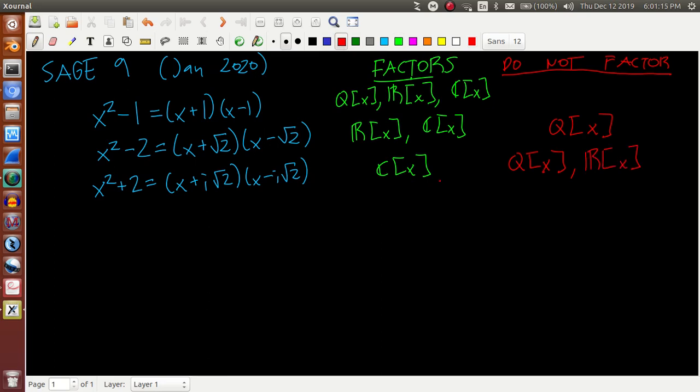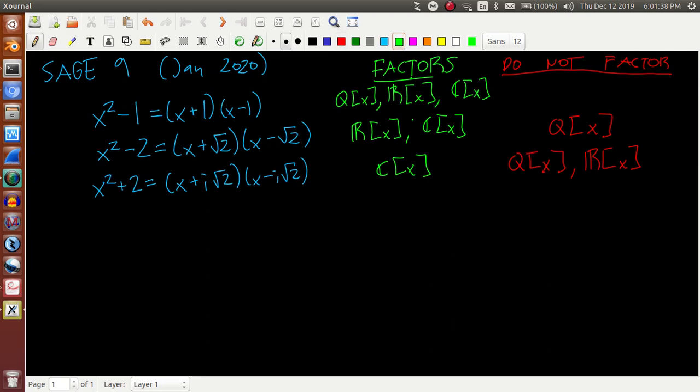So depending on what field we choose for our coefficient field, we get different factorizations; different polynomials, irreducible or reducible, can be factored or not factored depending on what our coefficient field is.